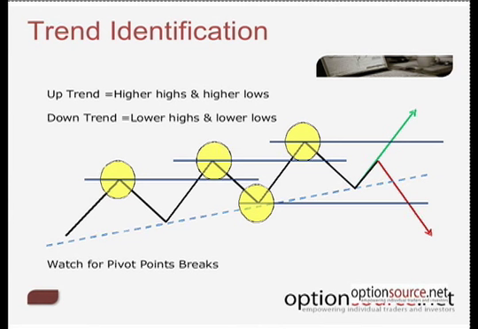Now, traditionally what we would have is just a generic trend in place, and as you can see, that's illustrated here by this black line. If we're looking to establish a particular trend as being underway, we really can't determine whether or not it's in a continuation phase until we break a particular pivot point.